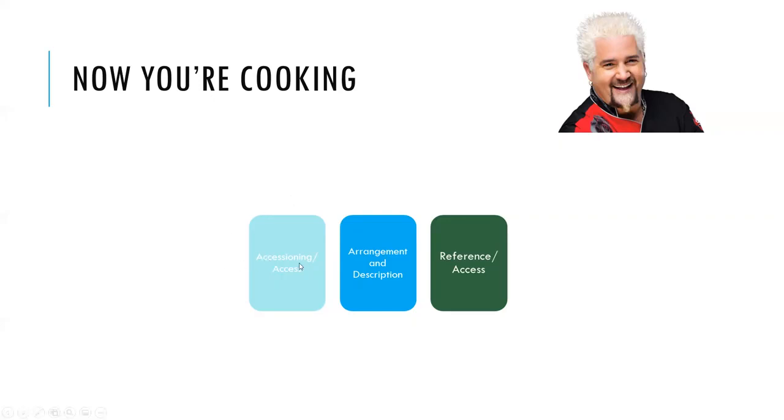So there might be some initial description done to the records when the records are accessioned, which is something that we touched on last week when we discussed appraisal. But arrangement and description is where the records are really described and arranged to a more thorough level.